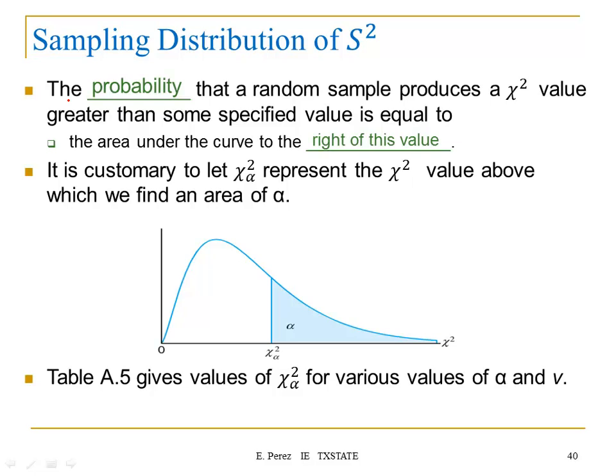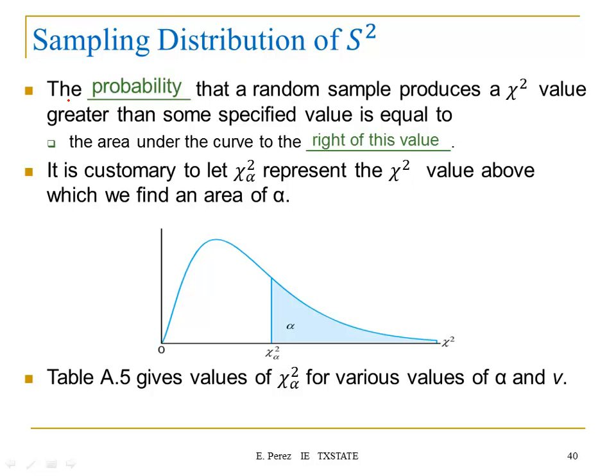So the probability of producing a value greater than this value is this area right here. This probability is denoted by alpha. In this distribution, instead of looking from left to right, we're going to be looking from right to left.